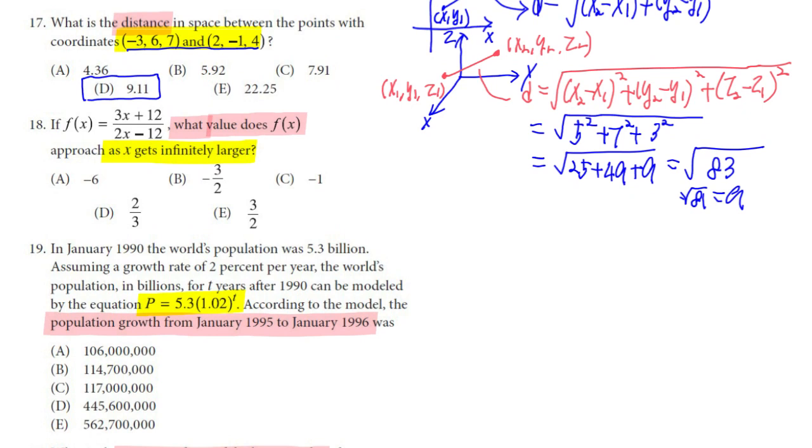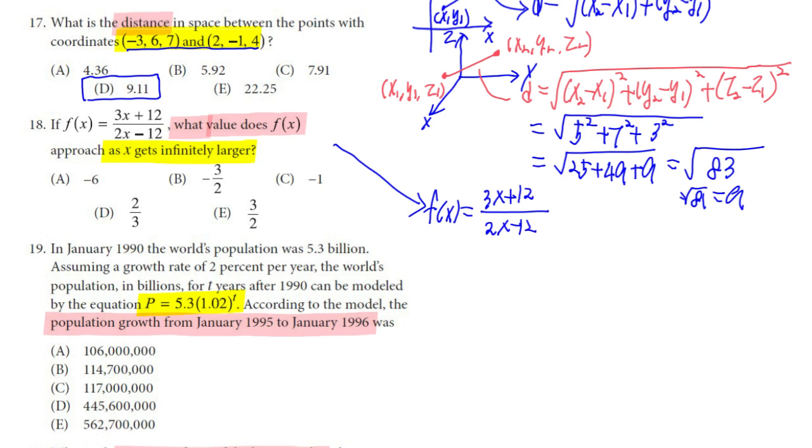Now, next question. If f of x is here, what value does f of x approach as x gets infinitely larger? Some limit question. Let me copy first the equation. f of x will be (3x plus 12) over (2x minus 12).